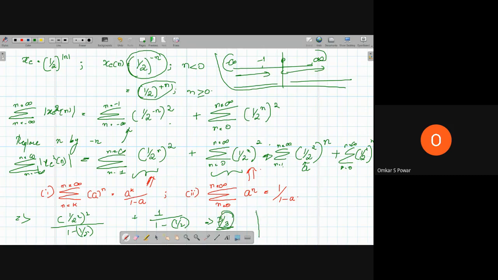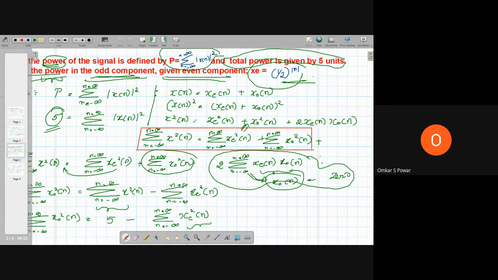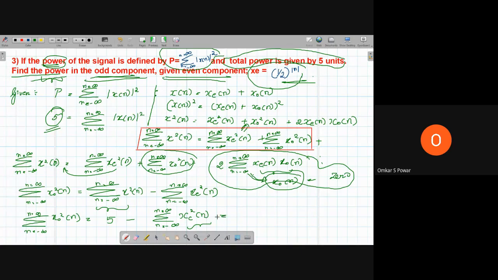What we want is the energy of the odd component. If you see previously, here we have got 5 minus the energy in the even component, 5 minus 5 by 3. So this is the energy in the even component of the signal.